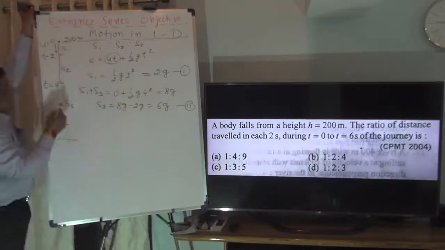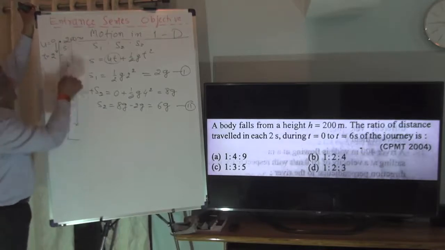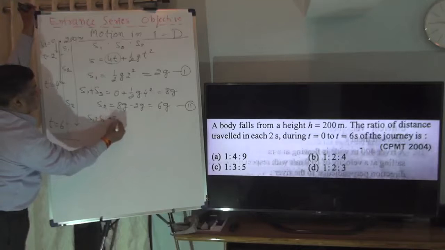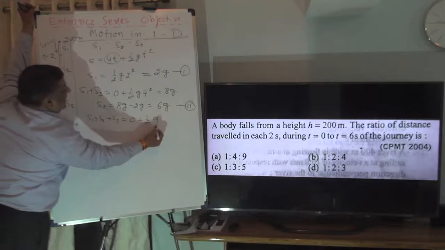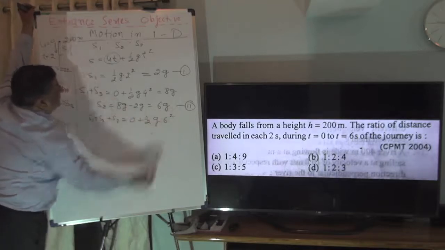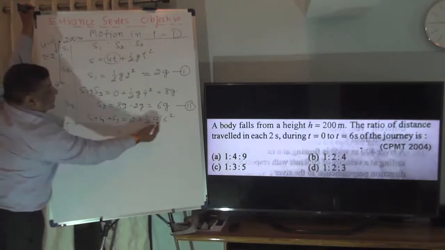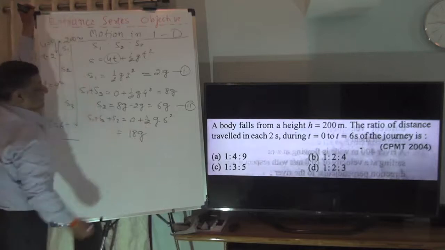Now we have to find out this third, and this you can now predict. This is S1 plus S2 plus S3, which is equal to ut plus half a t square. Here t is 6. So 6 6s are 36, this comes to 18g.